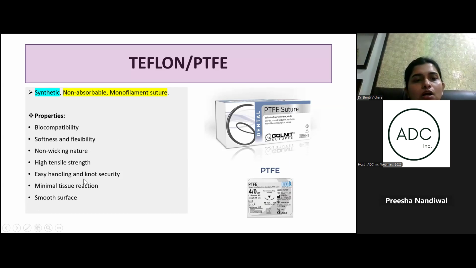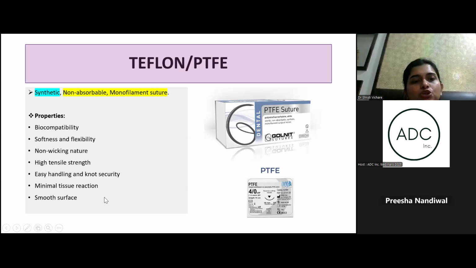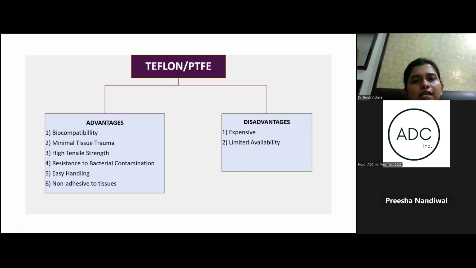Handling is very good. Although the knotting property becomes a little difficult with Teflon sutures because it is a monofilament suture, so the chances of slippage increase. Minimal tissue reaction and the surface is smooth, so no bacterial adherence. Correct? The disadvantage of the suture is it is expensive. It is more expensive than the other sutures that I spoke about, and the availability is limited.